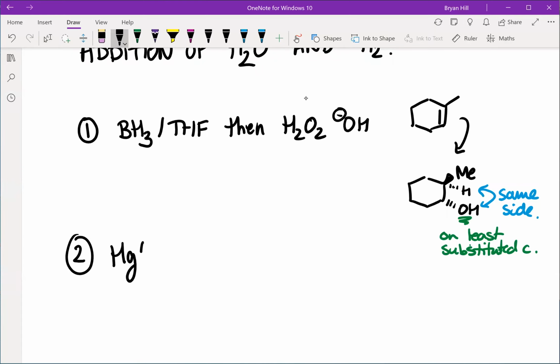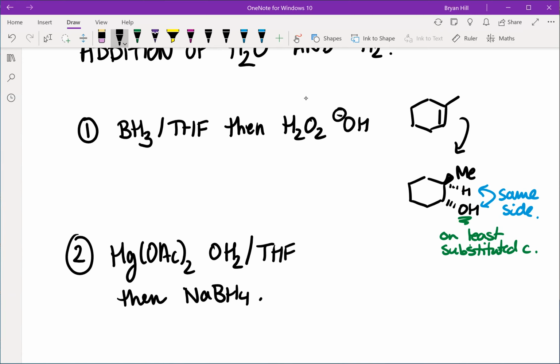The second one that we did was the oxymercuration. So Hg, OAc, 2 water, and THF. Then sodium borohydride.